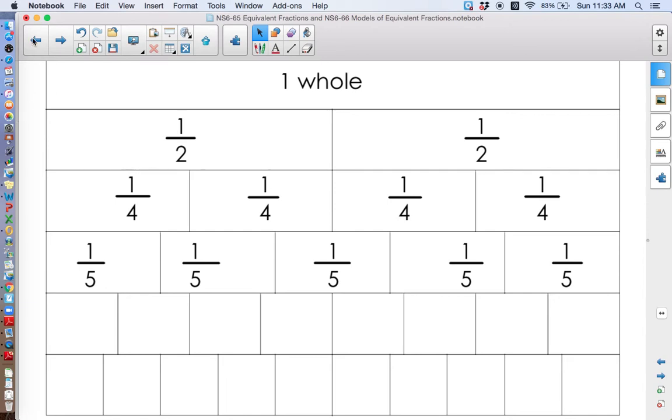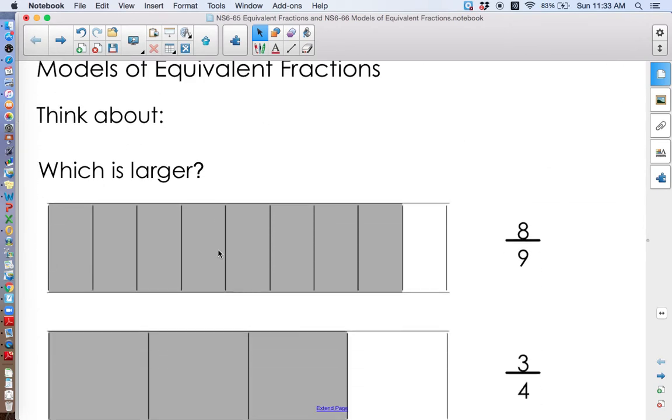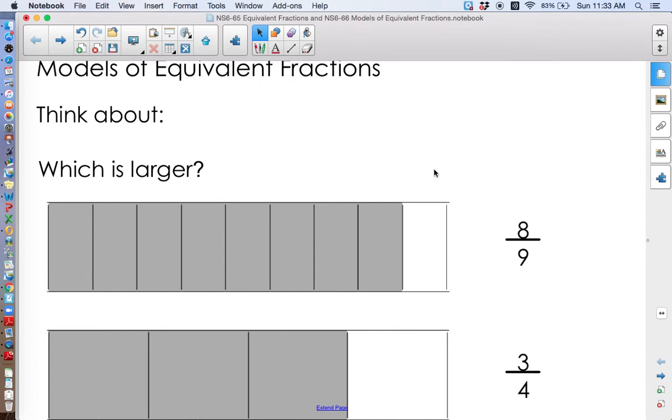Okay, but we'll go back to that. So this question is asking you which is a larger fraction, 3 over 4 or 8 over 9. When you compare these two fraction strips, you can see visually which is larger. 8 over 9 is larger than 3 over 4.